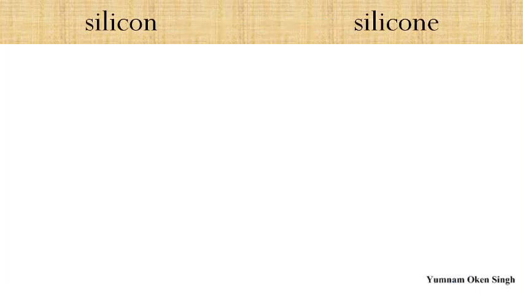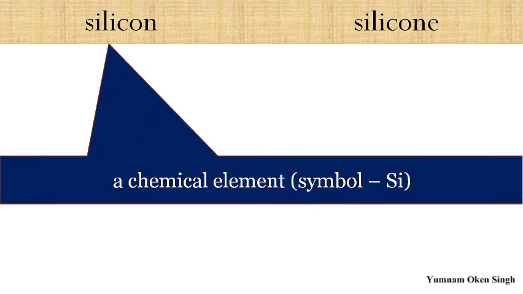Now let's come to the difference between these two silicons. The first silicon here is a chemical element. The symbol is Si, and this chemical element is one which we see being used most of the time in mobile chips and other electronic chips.